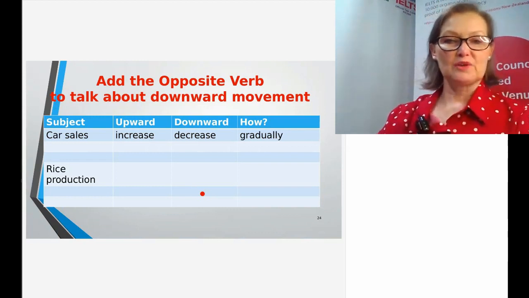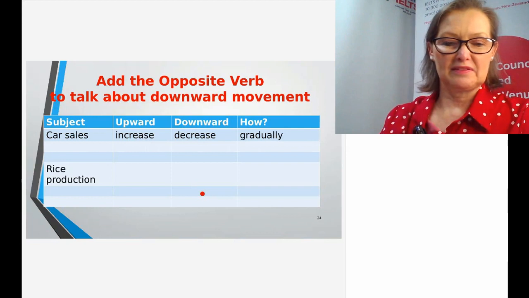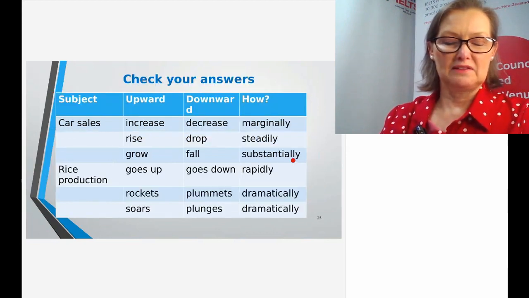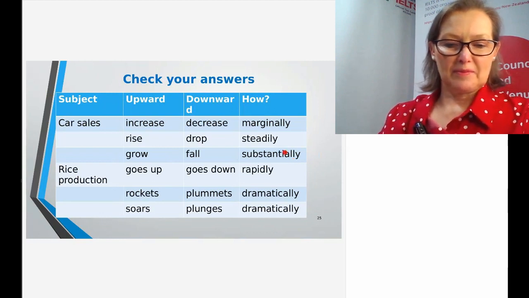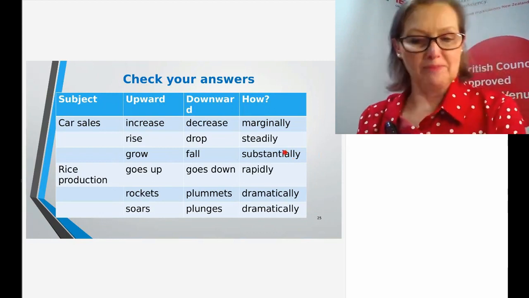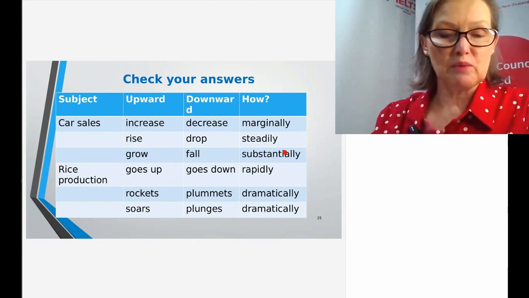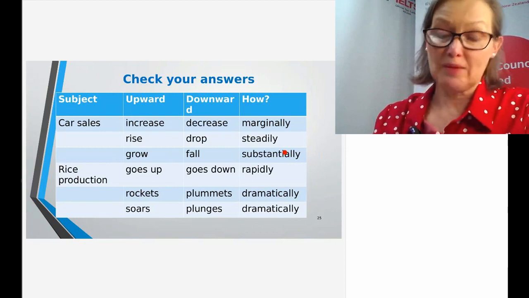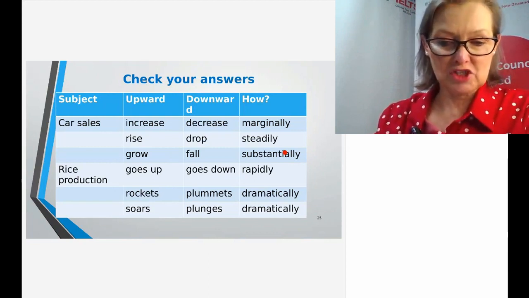And you want your chart to look something like this. So this is my verb, this is my sentence structure number A, and we're looking at verb, upward or downward, and adverb to talk about how the change occurs.